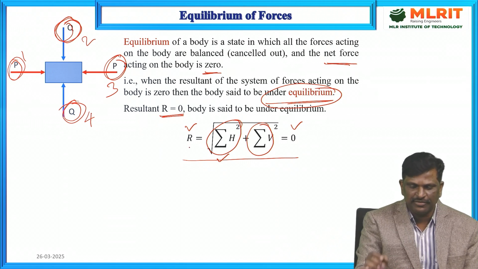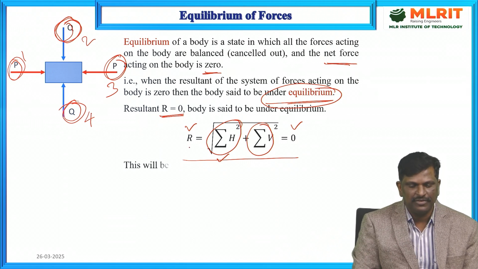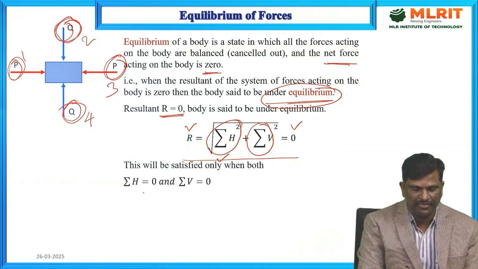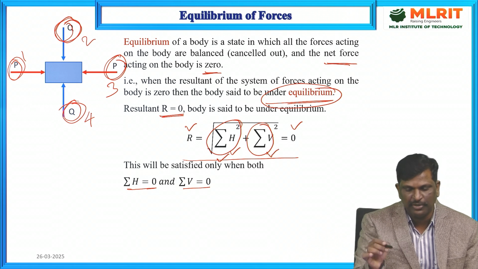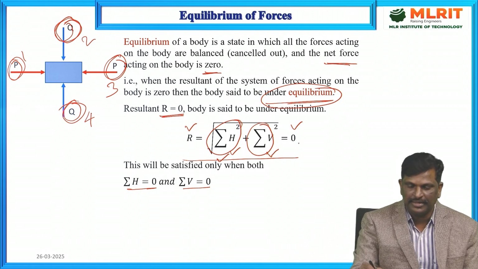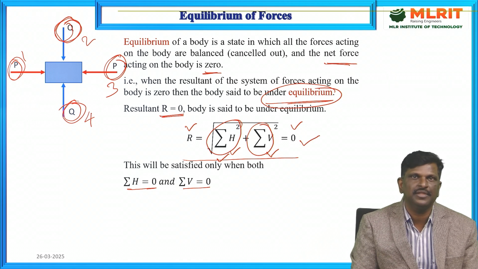When will this equation be satisfied? The equation will be satisfied only when both ΣH and ΣV are zero. If ΣH is 0 and ΣV has some value, that means vertically the forces are not balanced, then we will get a value for the resultant.